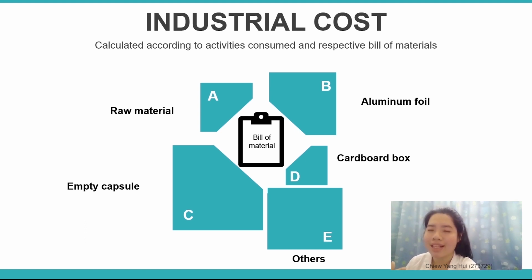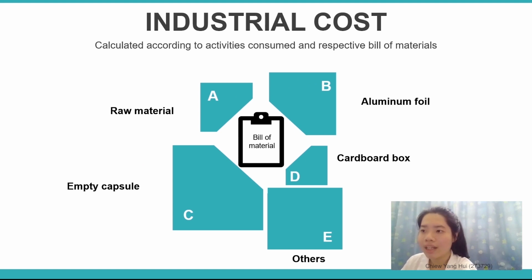A bill of materials is a comprehensive list of parts, items, assemblies, and other materials required to create a product. It involves not only direct material but also indirect material, for example, raw material and material handling. In our case, the materials involve the raw material, aluminum foil, empty capsule, cardboard box, and others.